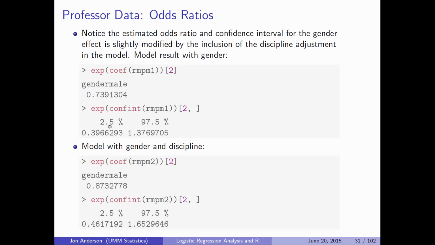And so here are the confidence intervals for the simple model. Here is a confidence interval for the gender coefficient from the more complicated adjusting model that has the field of study in it. And notice you get the same inference, that the confidence interval for the odds ratio contains 1, and so therefore not enough evidence to say that there is a gender effect on the risk of a pepper.